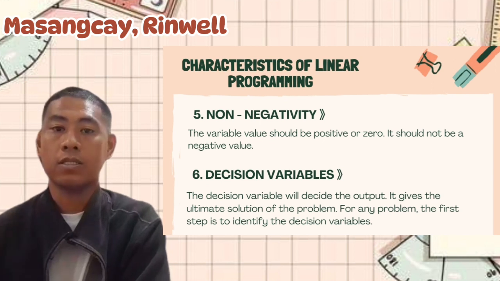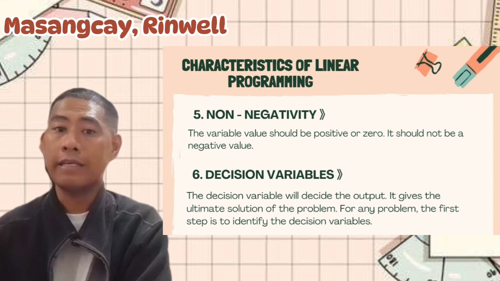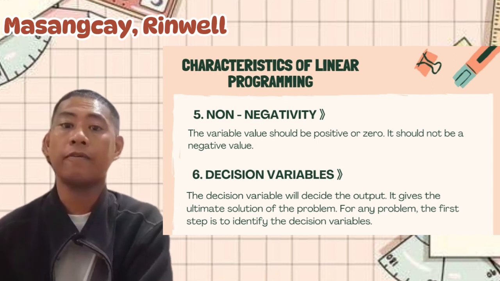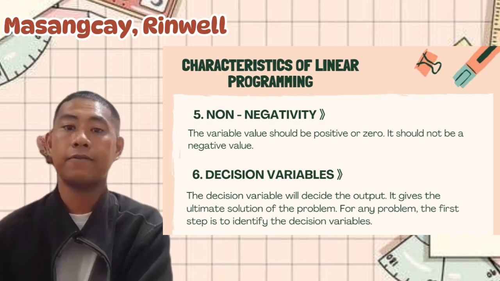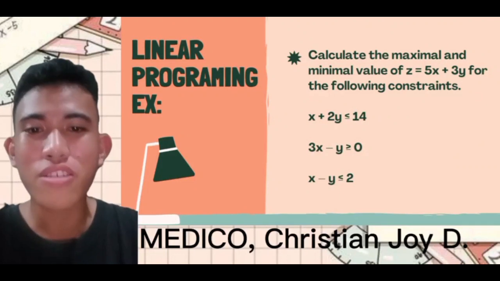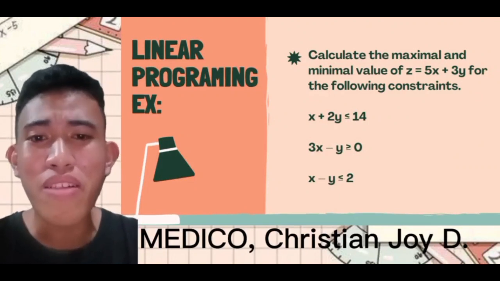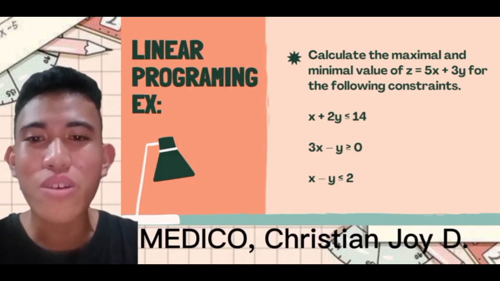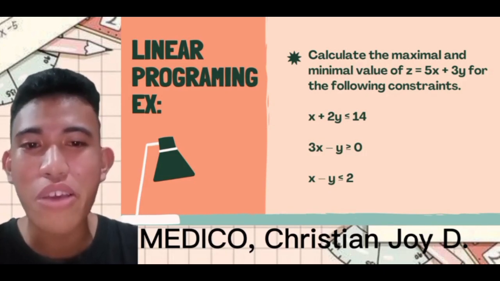Decision variables. The decision variables will be inside the output. It gives the alternate solutions of the problems. For any problem, the first step is to identify the decision variables. So in linear programming, there are x, y, and z values. For the minimal value of z, this z is the objective function: z equals 5x plus 3y.